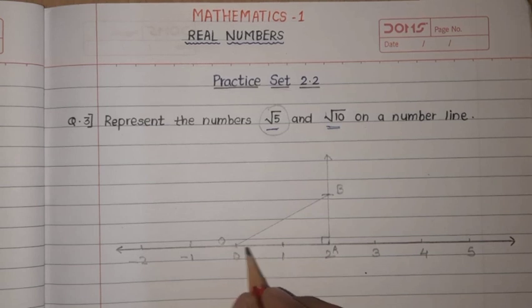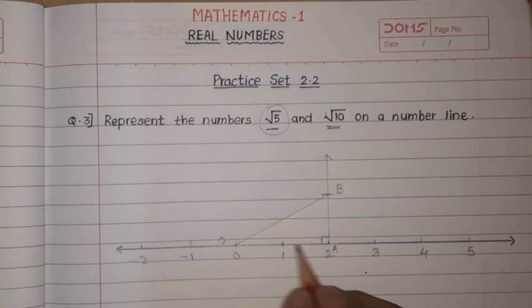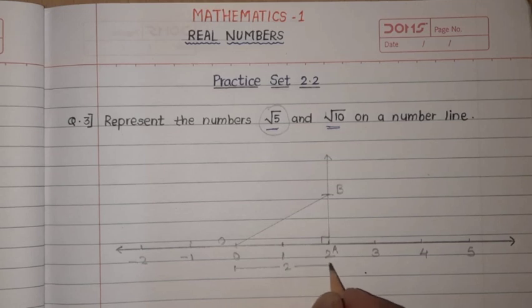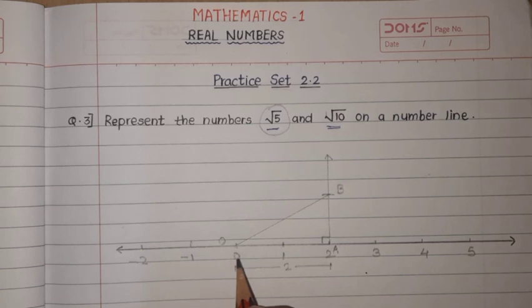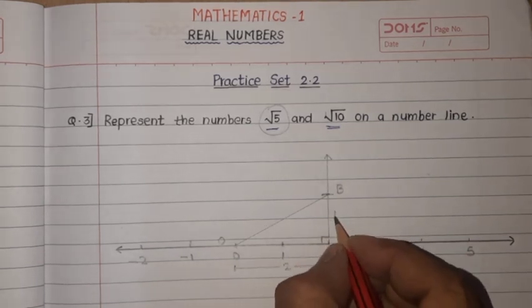This is O, 0 to 1, it is 1 unit, and 1 to 2, it is also 1 unit. That means distance OA is 2 units. And all of you know that we take the same distance, that is 0 to 1, and this AB, it is 1 unit.